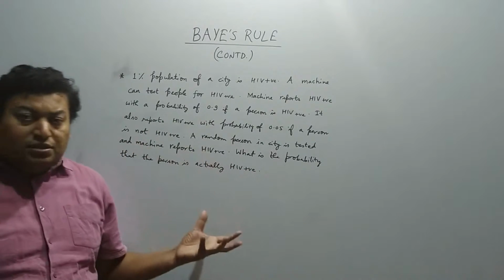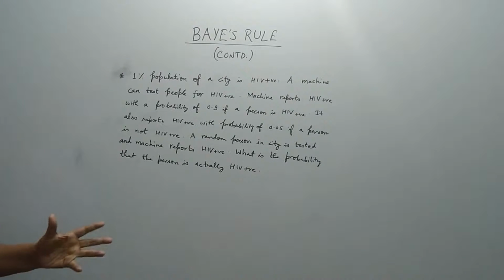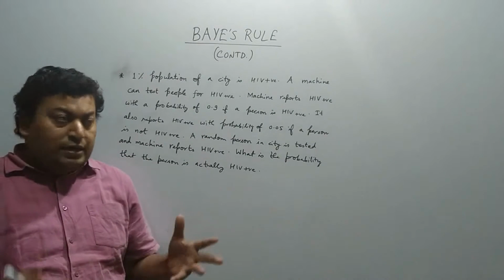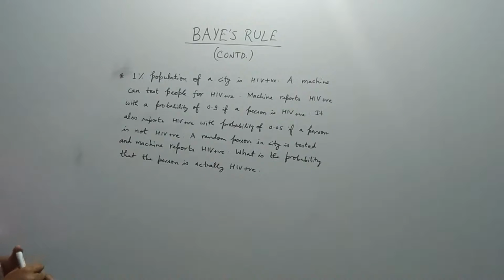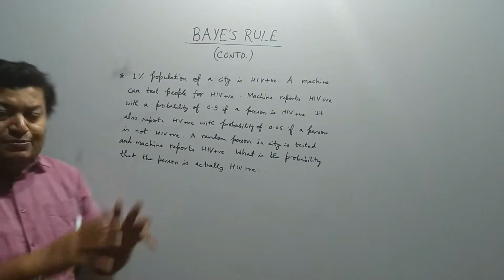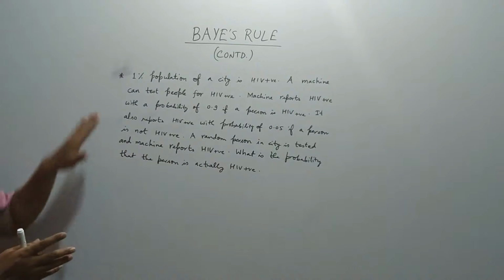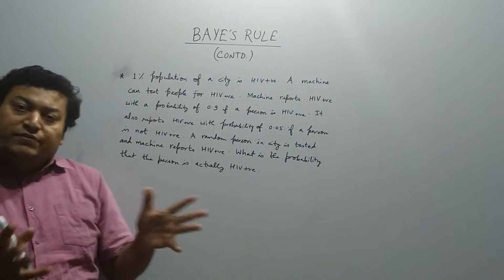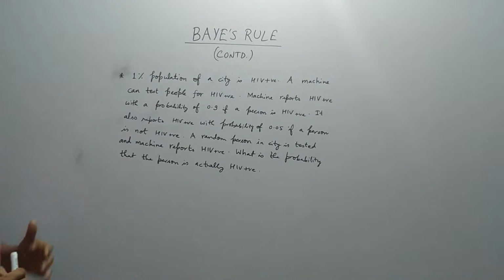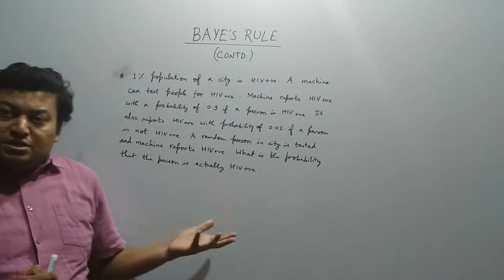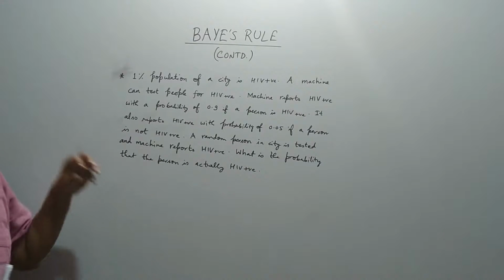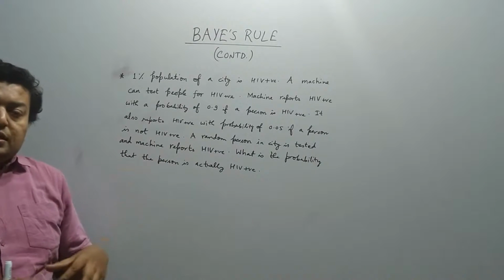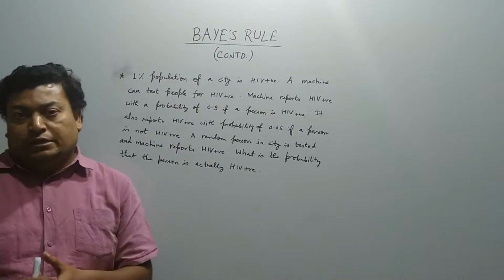So after reading the question, first you have to interpret the problem and visualize the problem in your mind. So I will help you in that. There is a population and 1% of that population is HIV positive. We can take a random person and test him using a machine, and that machine is not 100% accurate.